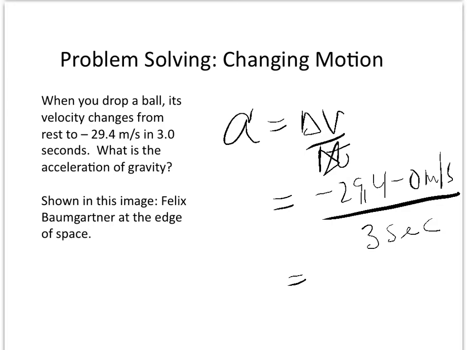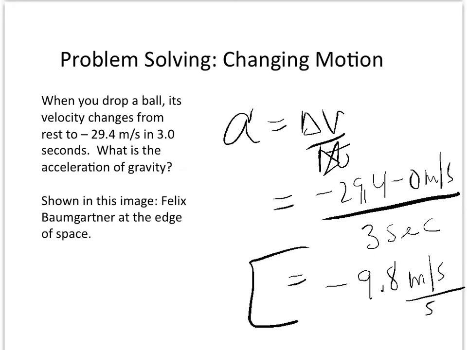What that gives us is a negative acceleration of negative 9.8 meters per second, and there you see it again, per second. And that is the acceleration of free fall. You'll see it a lot of times in physics problems when we discuss free fall. We round that to minus 10 meters per second per second.